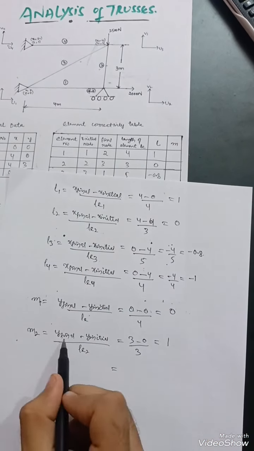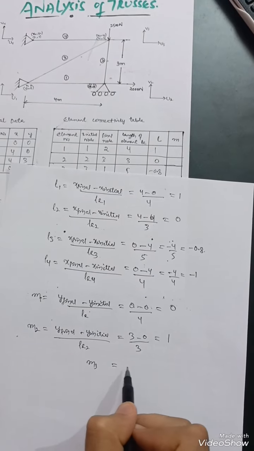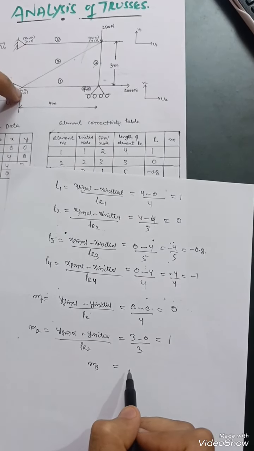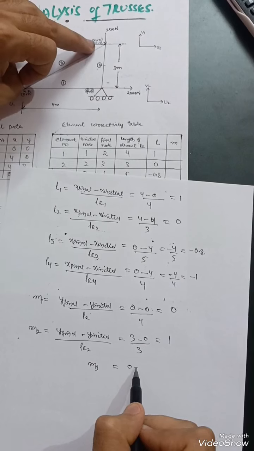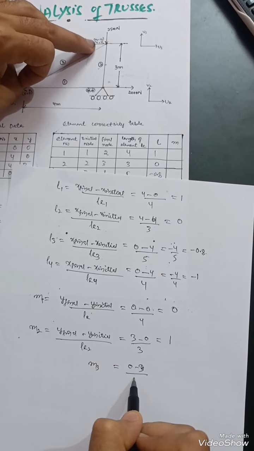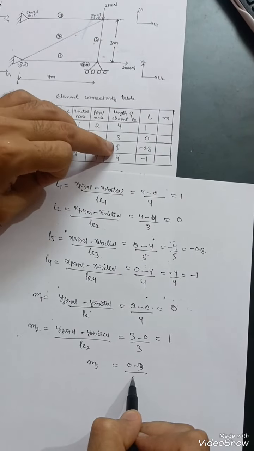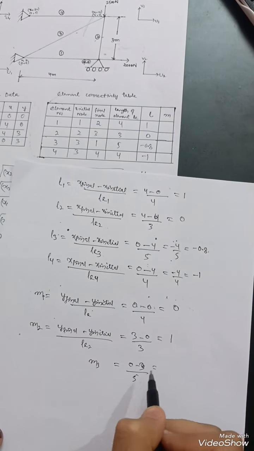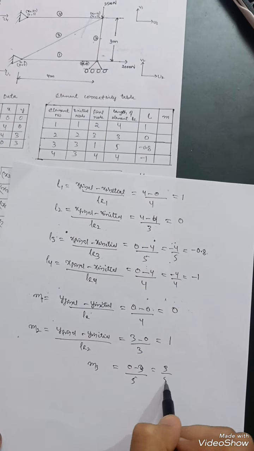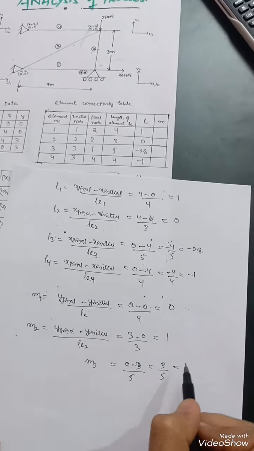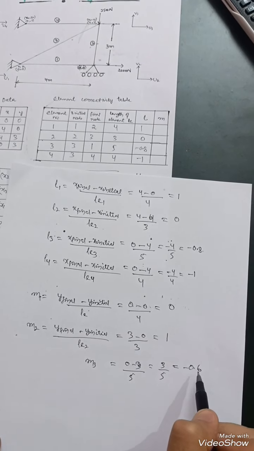So same like here, for third element, m3 is equal to y final is 0 minus y initial is 3 upon length of element 3, which will be equal to 5 over here, that is 3 upon 5. So 3 upon 5, which will be equal to minus 0.6 over here.